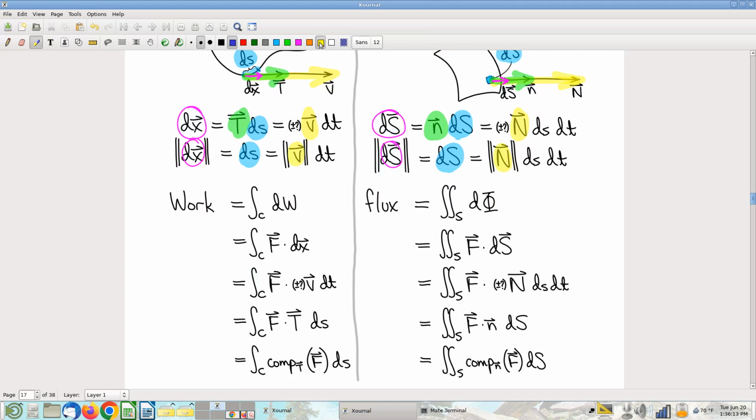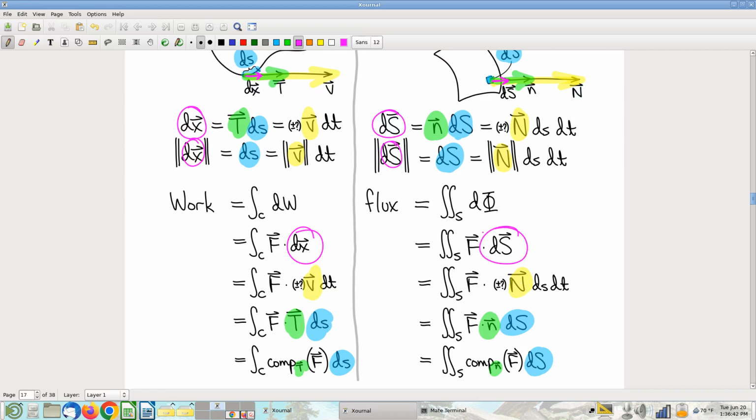Just for fun, let me go ahead and continue with the color coding down here. I'll try to be quick with this. Hope I don't miss anything. Let's see, the green. Okay, what did I forget? Oh yeah, the dx and the ds.